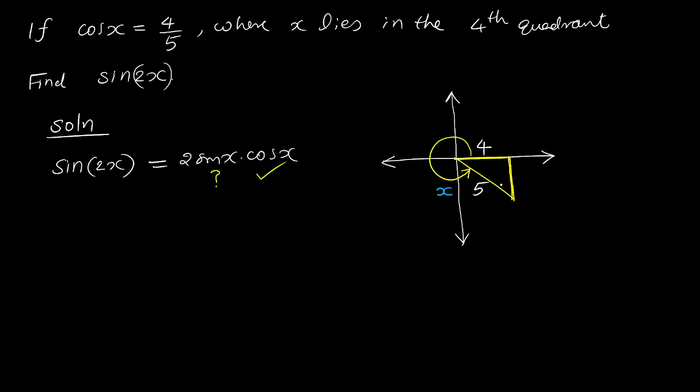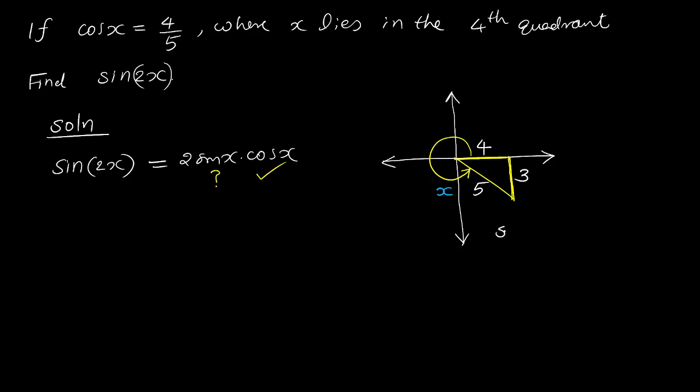Hypotenuse is the side which is opposite to 90 degrees. The adjacent side is 4, hypotenuse is 5. If you look at the diagram, it is clear that cos x equals adjacent by hypotenuse, 4 by 5. Using Pythagoras theorem, you can write this side as 3.